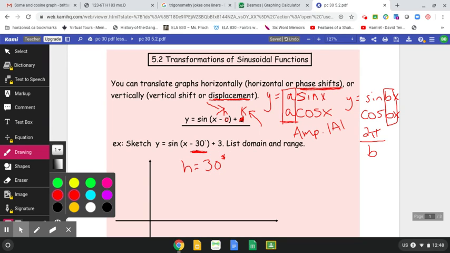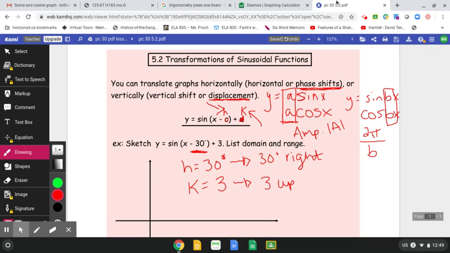For K, we keep the sign, so K is 3. Meaning we're going to shift our sine graph 30 degrees, which way? Right, because H is positive. And K is positive, which means we're going 3 up.